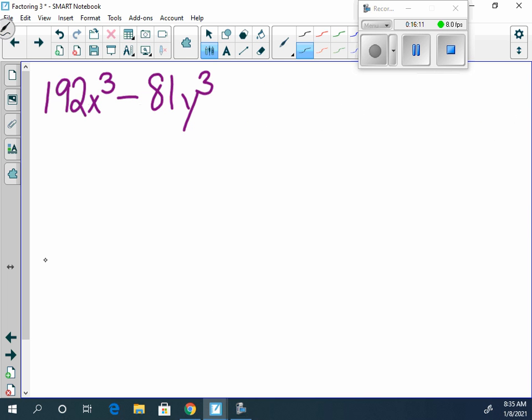Is there a greatest common factor between these two here? So let's see here. If I factor a 9 out, 192 divided by 9 would be what? Okay. Well, I think 9 is kind of on the right path. Try 3. Let's see what 3 does. So that does work, and I know 81 is divisible by 9. 81 divided by 9 would be?